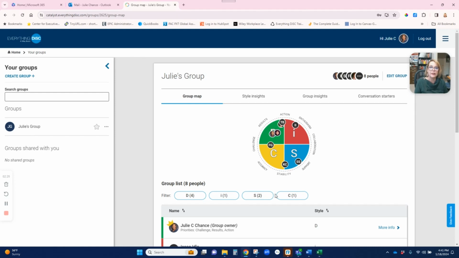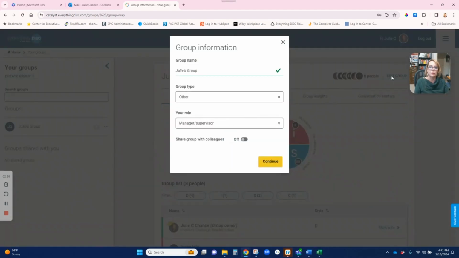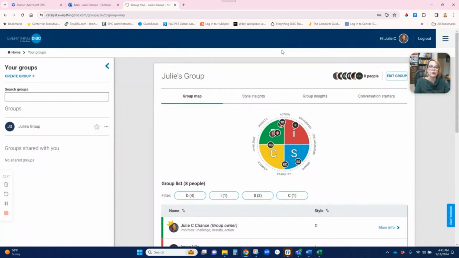You can share it with the people that are in the group. And the way you do that, I'm going to show you. You would either, when you create the group or when you go to edit a group, you see this little share group with colleagues. And if you just toggle that to on, then it will be shared with the other people who are part of that group.